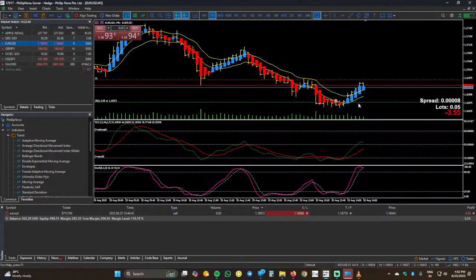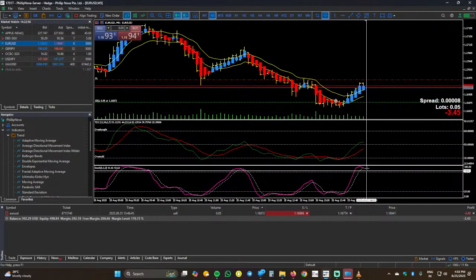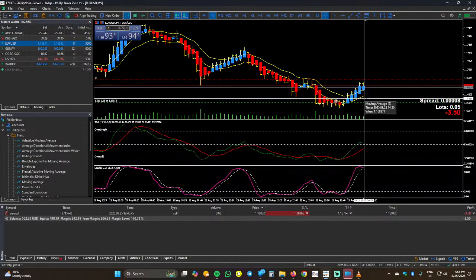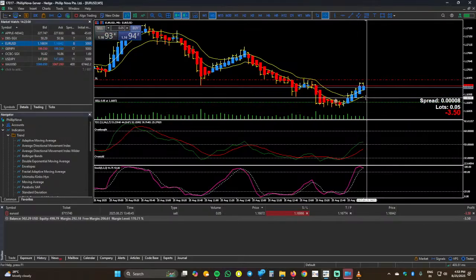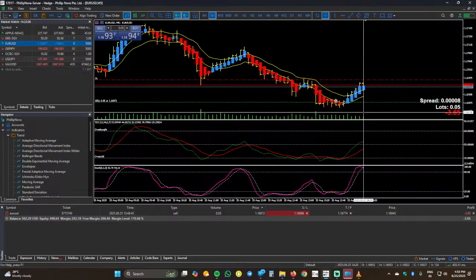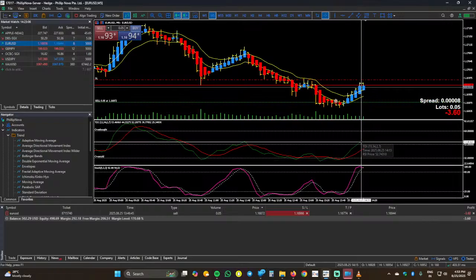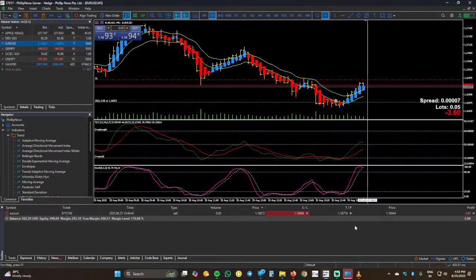So right now what we are looking at is some weakness. Hopefully our TDI and stochastic give some strength here, and we see some red Heikin-Ashi candle on the 5-minute time frame. As I already mentioned before, we did not take this trade based off the TDI and stochastic.